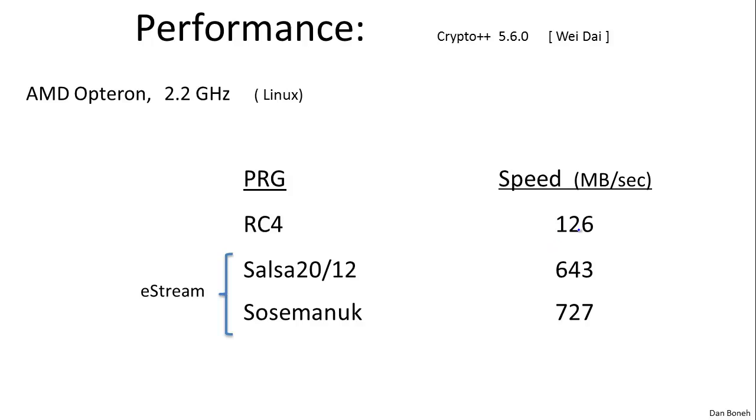It only does byte operations, and so there are a lot of wasted cycles. But the eStream candidates, both Salsa and another candidate called Sosemanuk, these are eStream finalists, stream ciphers that are approved by the eStream project. You can see that they achieve significant rates. This is 643 megabytes per second on this architecture, more than enough for a movie.